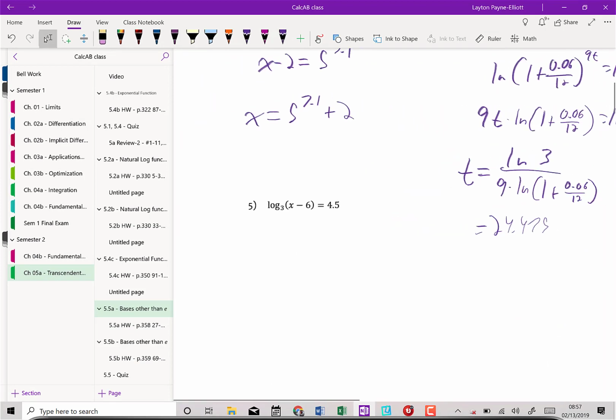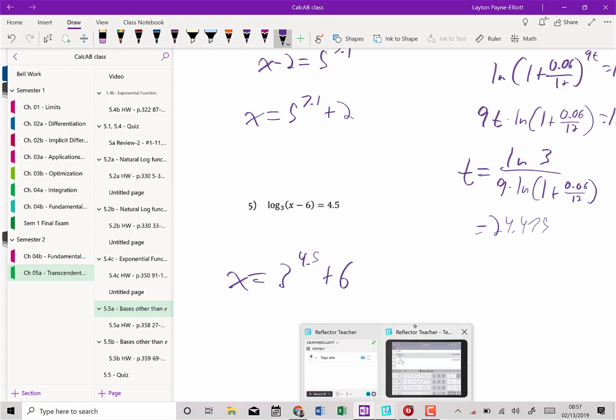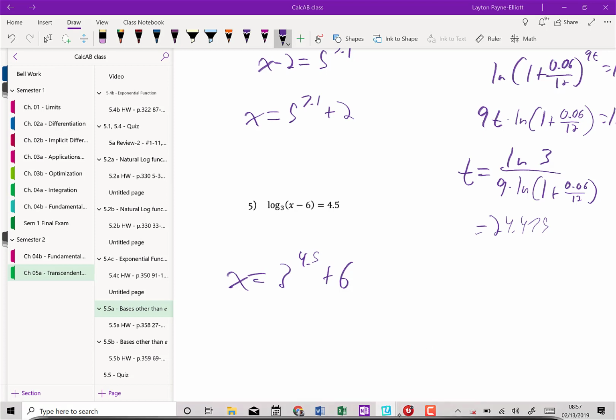Okay, next, just more practice with conversions. Isn't this just equal to x is equal to 3 to the 4.5 plus 6? Can you guys do that in one step? Be helpful if you can. We'll just do that one here too. Come on.